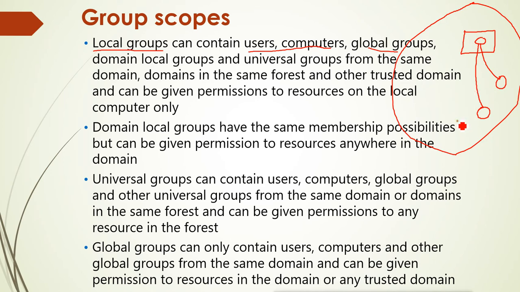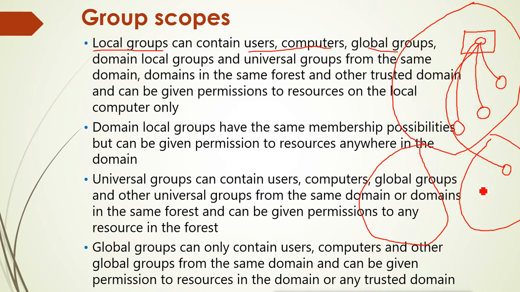And if we have a universal group created in Active Directory in the same domain, it can also be a member of this domain local group. Then it can also be a member from the forest. That means if we have other child domains here, and any global group created there, it can also be a member of this local group.